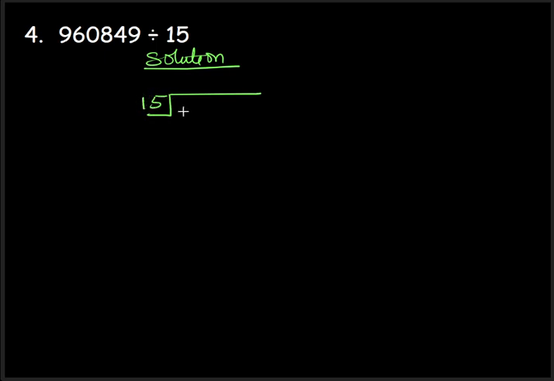15 here. This will be 96084 9. 15 into 9, this will be 0. 0 times 15, 0. Subtract, what do we have? 9.